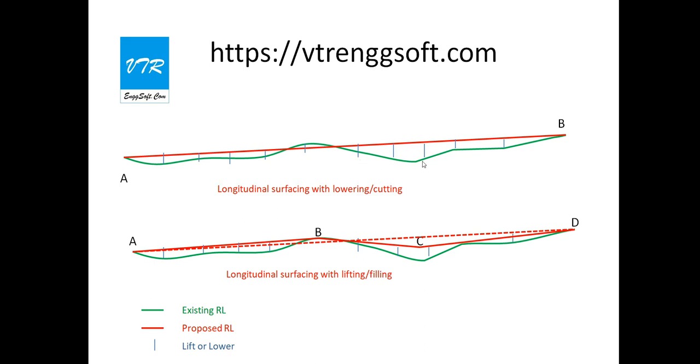But in some situations, you will not be able to do the lowering. You cannot do the cutting. At the same time, if the filling involves too much, you cannot do that much filling. For example, in the case of a track, you cannot lift that much.